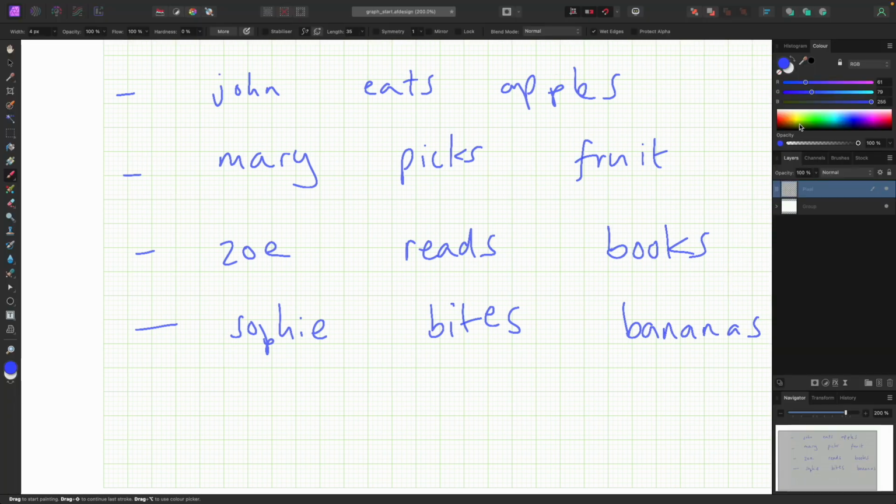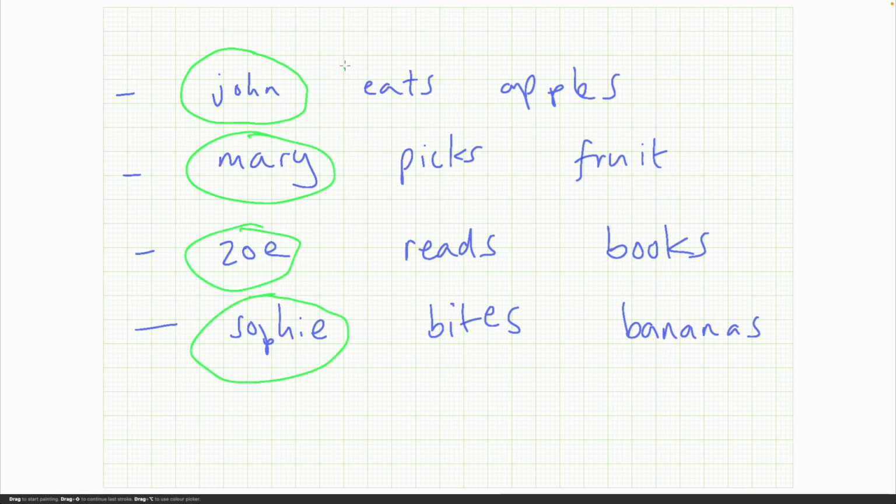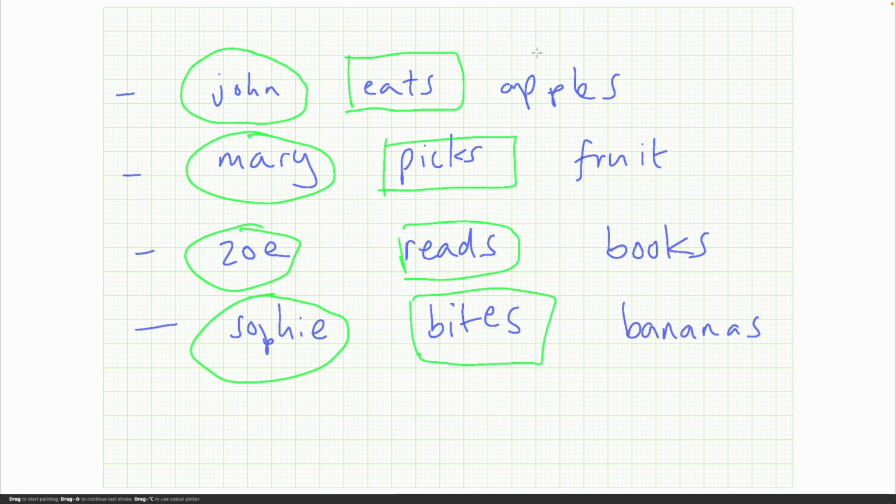And the thing to spot here about these simple sentences is they follow a structure that is like a template or a blueprint. They all start off with a person, then a verb, and then an object.